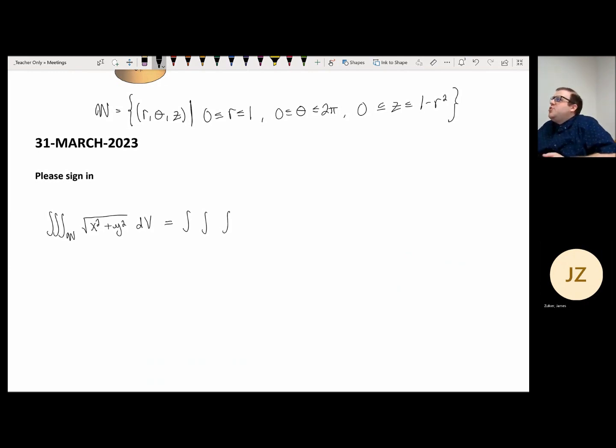Cylindrical, the generally used order is dz, dr, d theta. In this case, we notice we're going to have to do dz before dr, because z is dependent on r.